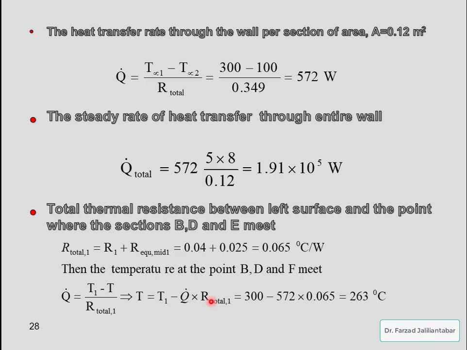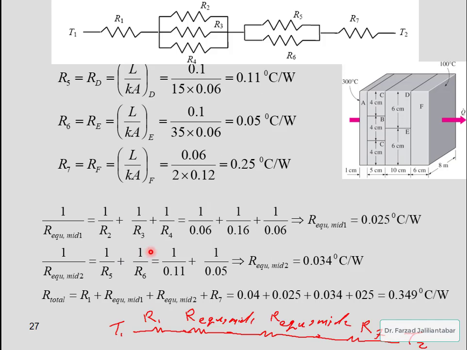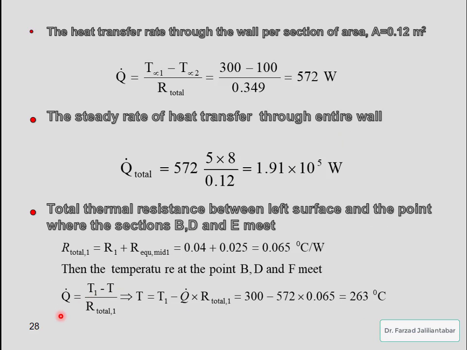But what is this R total 1? R total 1 is R1 plus R equal mid 1. In other words, here is R1 and the thermal resistance for this, the thermal resistance from this point to this point. We have the temperature for this surface. We don't have the temperature at this point, so we should use this equation here to calculate T.